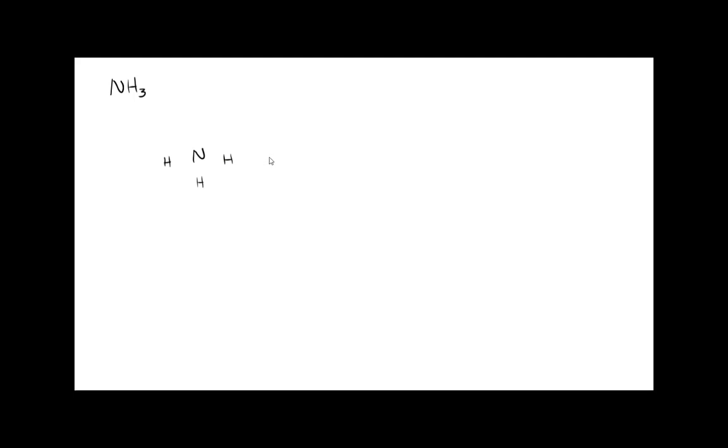We say that the nitrogen is the central atom. In most cases, the central atom will be the first element, but that's not always the case. The general rule is it's the least electronegative atom other than hydrogen. Hydrogen can only make one bond and therefore is never the central atom. So we have nitrogen and 3 hydrogens.